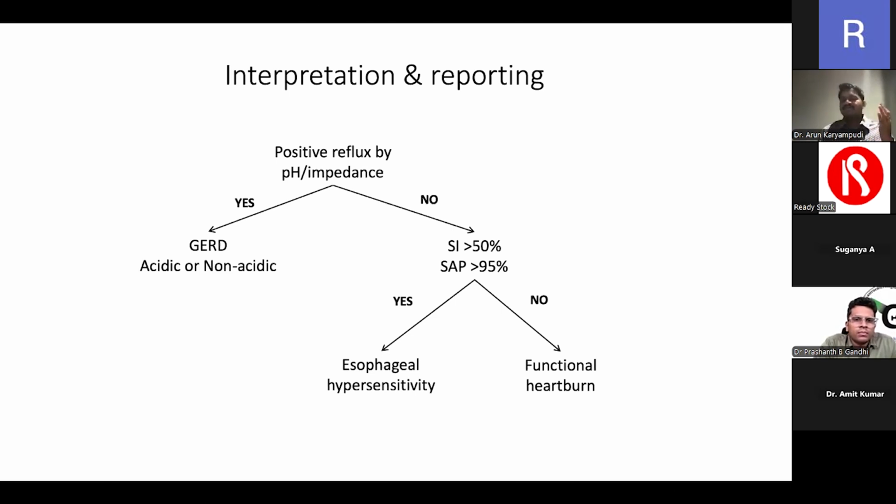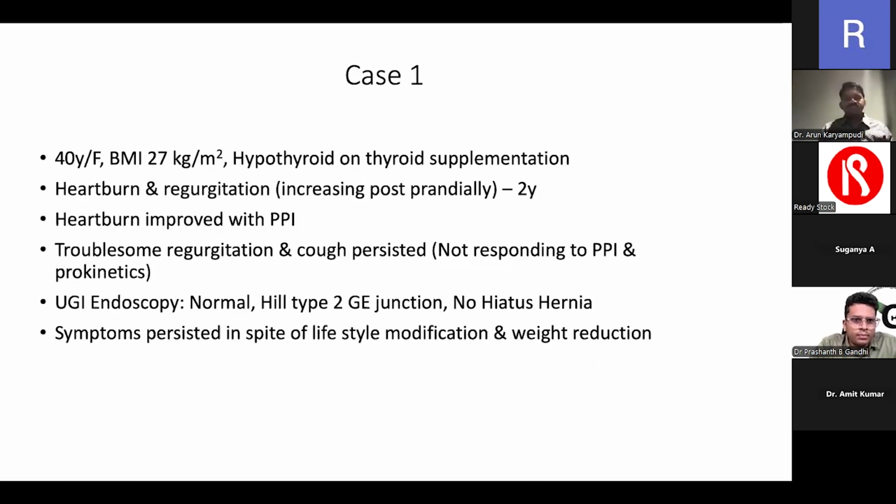That is, whether the patient has acidic GERD, whether the patient has non-acidic GERD. The patient has no GERD, then whether it is esophageal hypersensitivity or is it a functional heartburn. So at the end of your pH report, you should be able to comment on one of these four diagnoses.